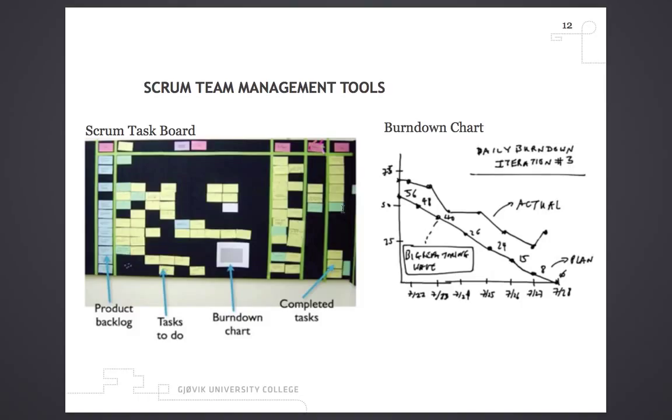Do you know what a burn down chart is? Yeah, it's more or less the progress of one sprint. So let's say you have 56 tasks in your sprint.